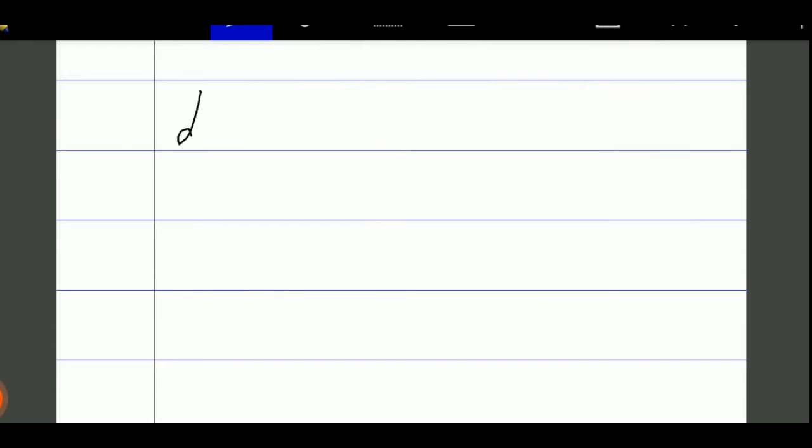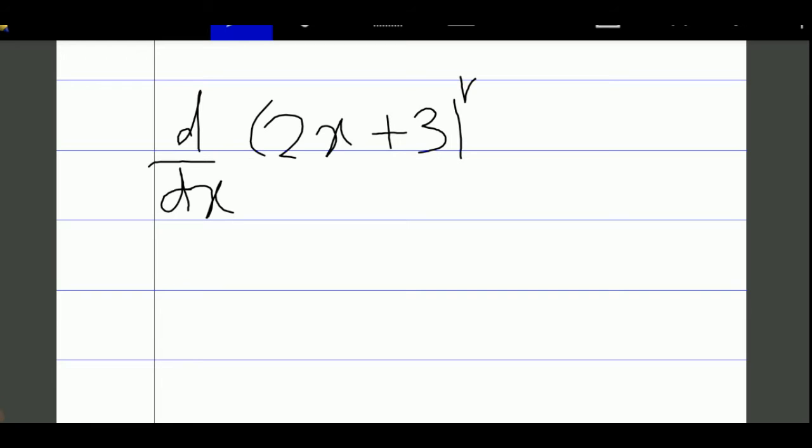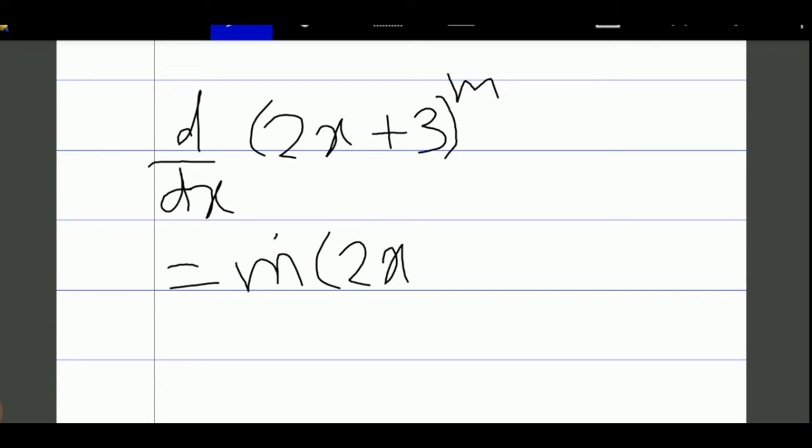So differentiation of (2x + 3)^m becomes m into (2x + 3)^(m-1) into 2. This differentiation is similar to the one before, the same definition as I have done.